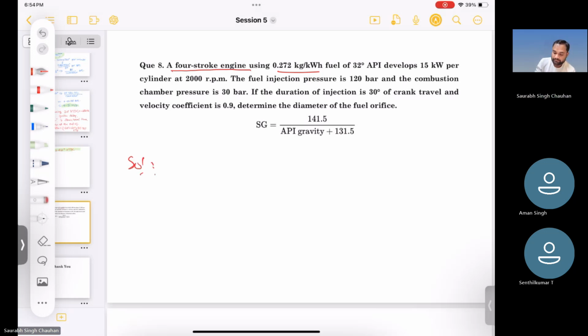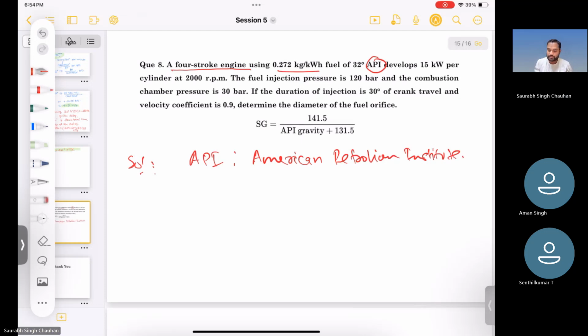All these parameters, you know the definition, right? The only new thing, I think, may be API. API stands for American Petroleum Institute, and 32 degree API basically means the specific gravity.